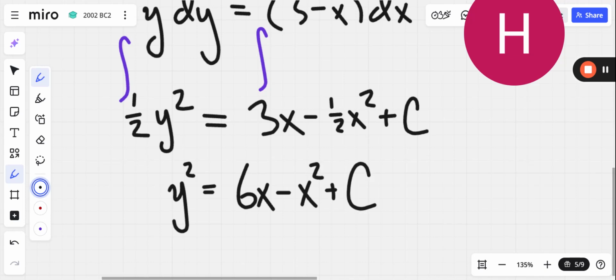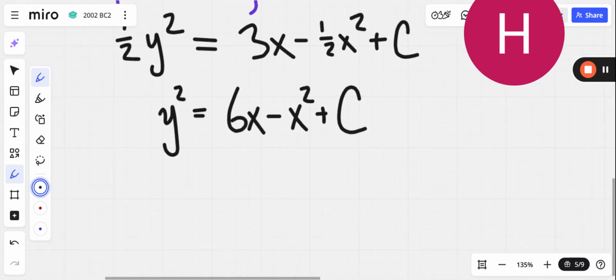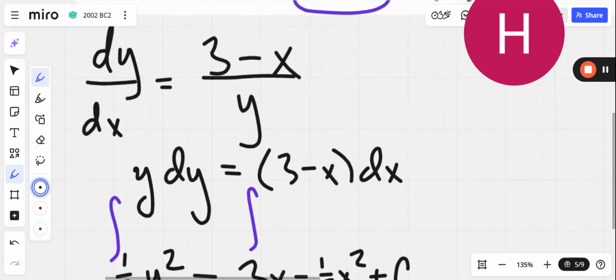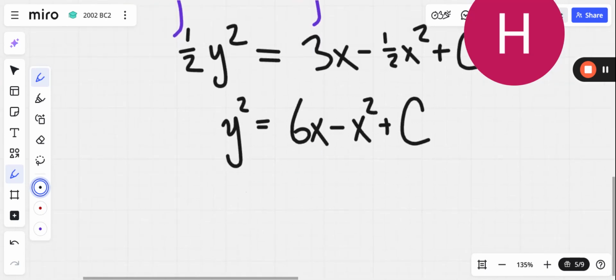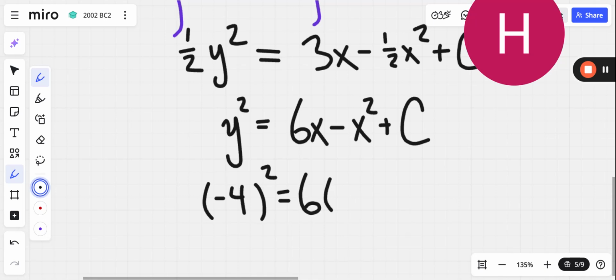This is still just going to become a plus c. Not really a big deal there. And then we're going to take a square root, but first let's use the initial condition to find c. G of 6 equals negative 4. So the y value is negative 4 when the x value is equal to 6.